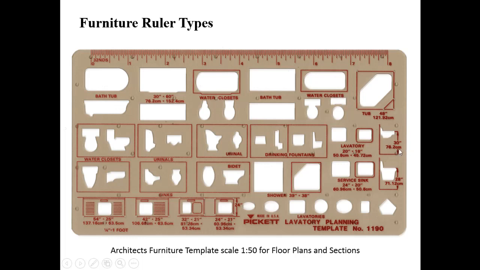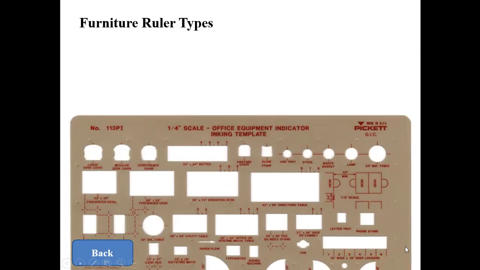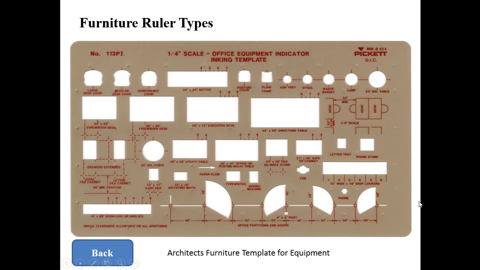Almost all units are in plan and in section, as we see here. This is another one for doors, an architect furniture template for equipment, for doors, for some devices, for some tables, and so on. But it is not as rich as the first and second one.